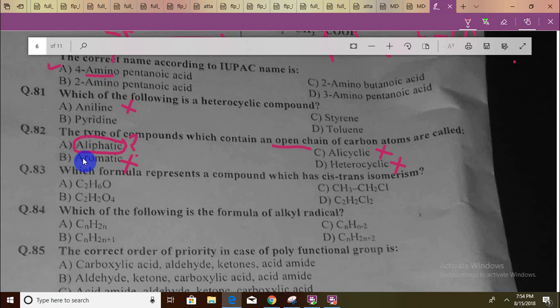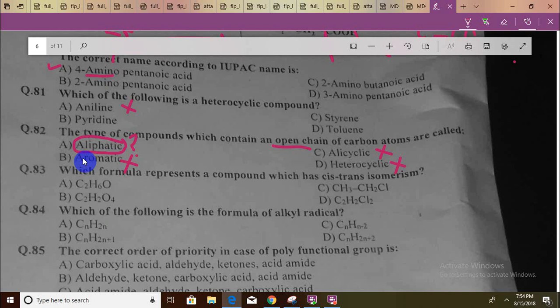Open chain or acyclic compounds contain an open chain. The chain may be branched or straight, and they're also called aliphatic compounds, which was a question they asked. Straight chain, the carbon atoms are connected in series. Branched, carbon atoms are attached on the sides.